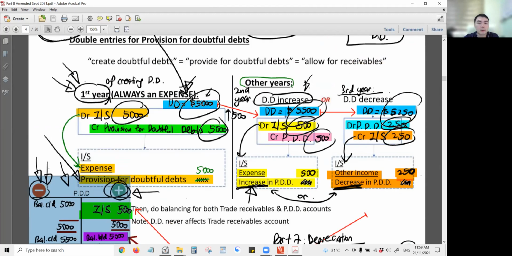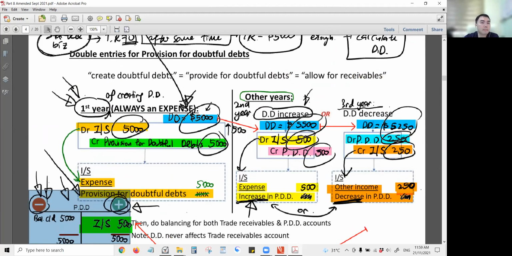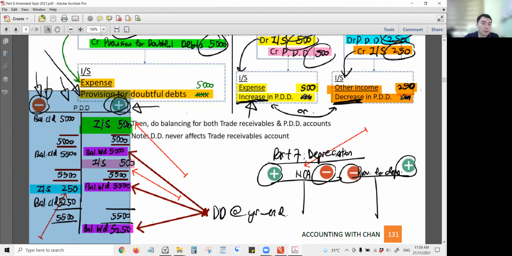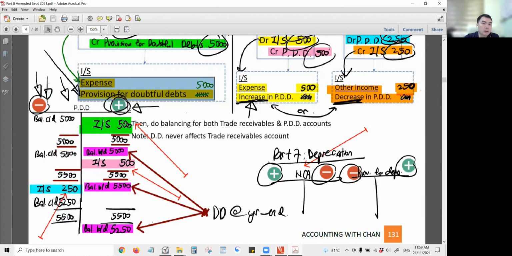Okay, revise a bit on this before we look at the question. You have to know, first and foremost, where's the plus and minus in this provision for the doubtful debts account. Okay, the plus is on the credit side, the minus is on the debit side. Okay, in this provision for the doubtful debts account, plus is on the credit side, minus is on the debit side. No explanation for this, but that's the fact. Okay, so you have to remember where's the plus and minus first.